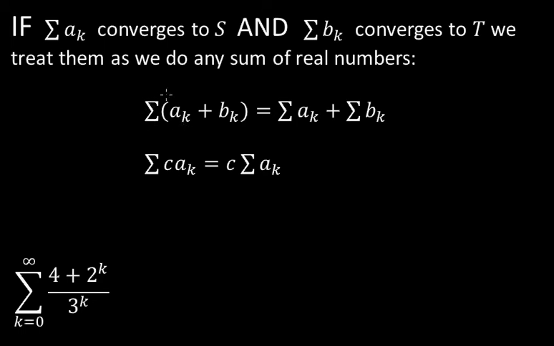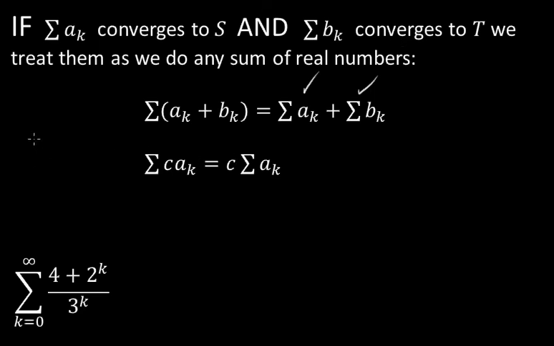Certainly if you had a1 plus a2 plus a3 and b1 plus b2 plus b3, of course you have the commutative property of addition, and you could write that as a1 plus b1 plus a2 plus b2 plus a3 plus b3. But you can also do that with infinite series as long as these converge.